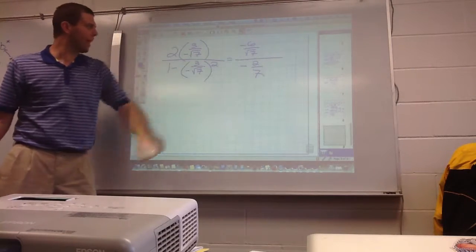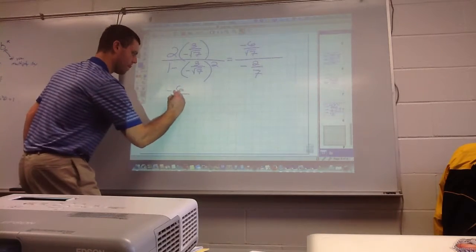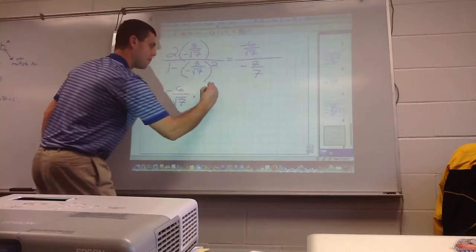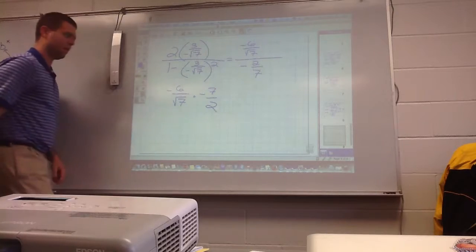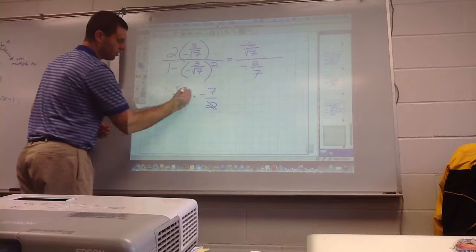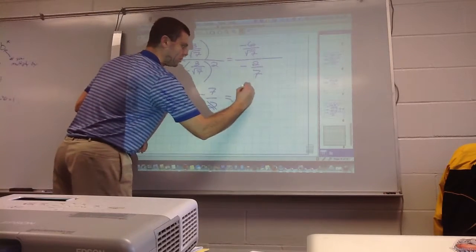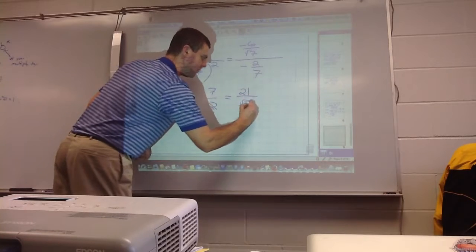Fraction divided by a fraction. Multiply by the reciprocal. Negatives cancel. 2 goes into 6 3 times. So that gives me 21 over root 7.